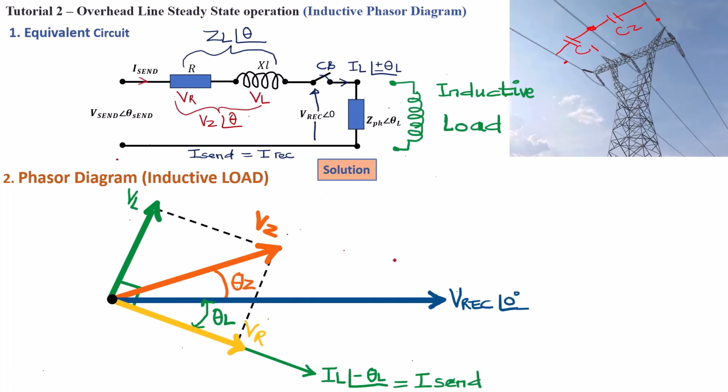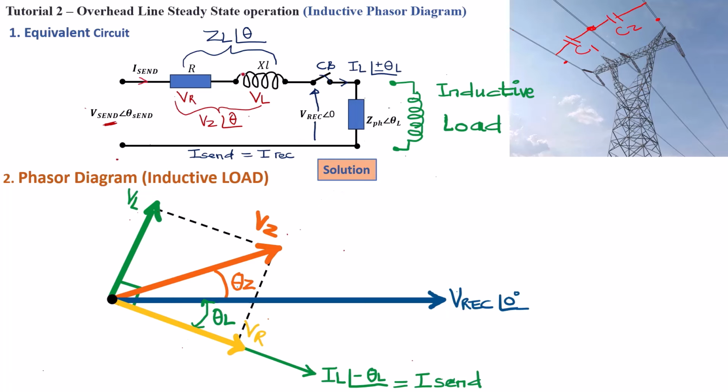Now to complete our phasor diagram for the inductive load, we only need to draw the sending end voltage, V sending. This is the power plant, our generating substation, where we're generating the voltage at 132 kilovolt, and we want to send it along the transmission line using these pylons.